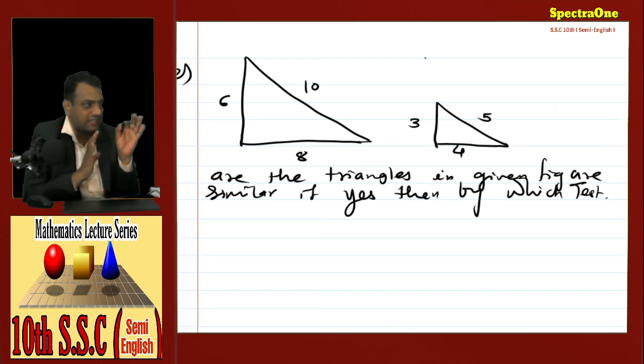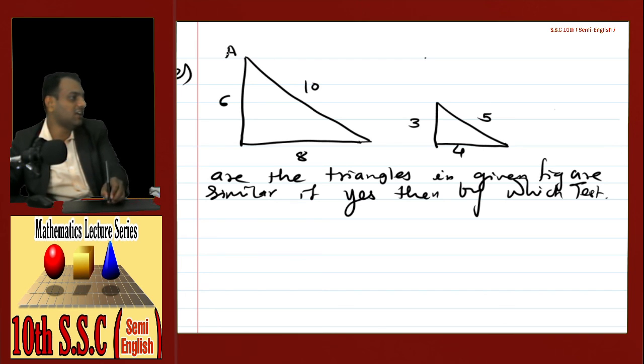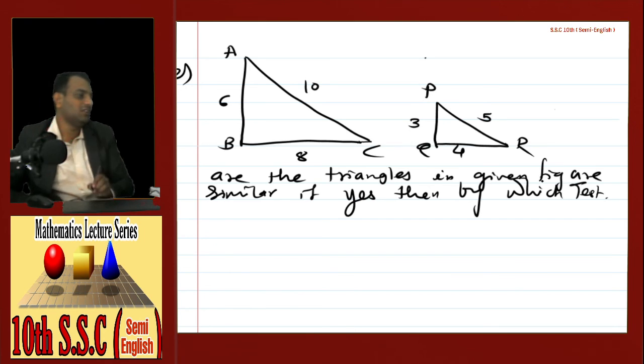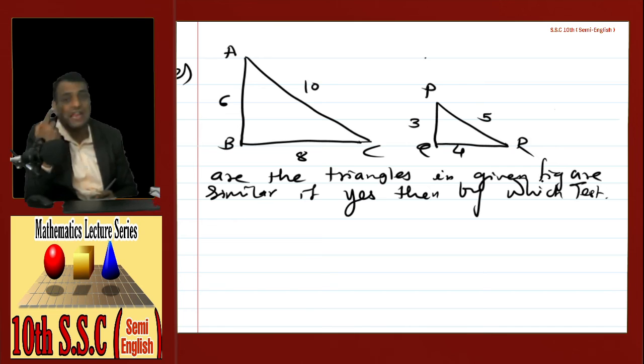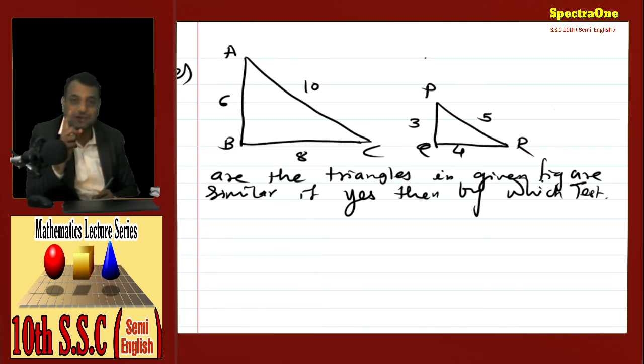That means in any triangle, suppose this is triangle ABC, this is triangle PQR. In triangle ABC angles are not given but sides are given. Similarly, in triangle PQR angles are not given, that means measures of angles are not given but sides are given.